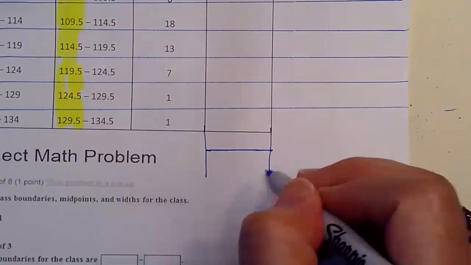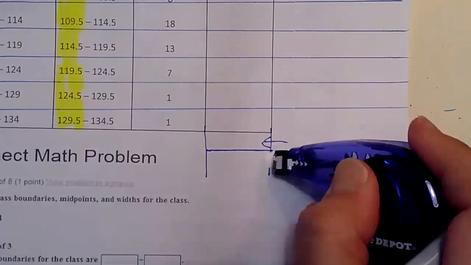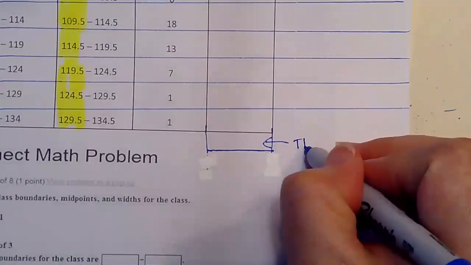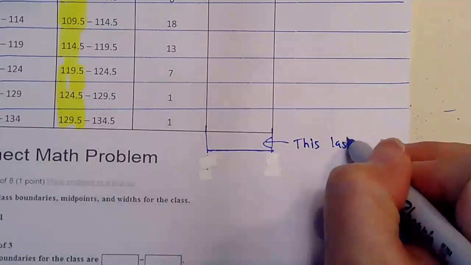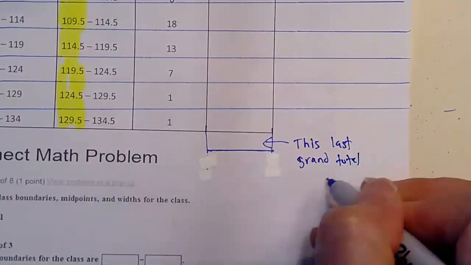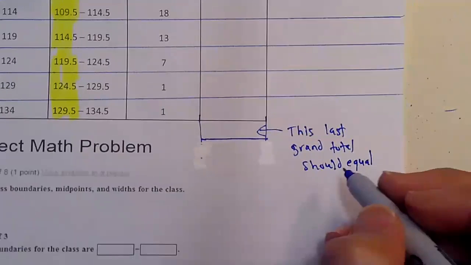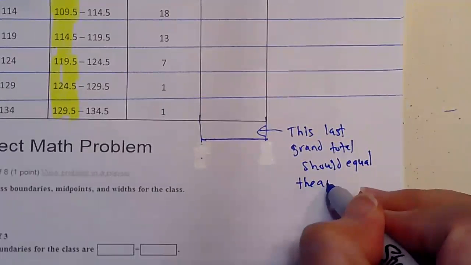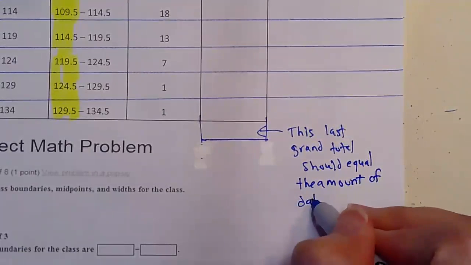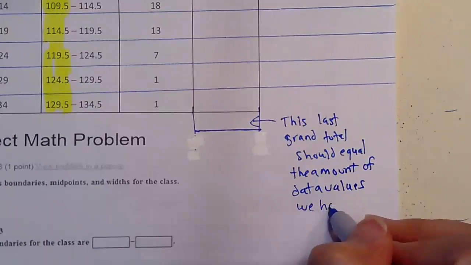Now, the way you'll know if you're done is this will be the last value I record here. Let me just take these off. We won't need this. The way you'll know if you did it right is that this last grand total should equal the amount of data values we have.